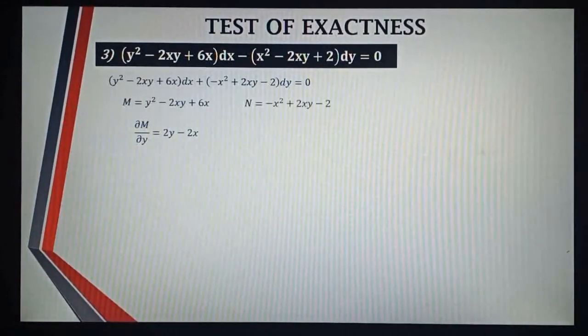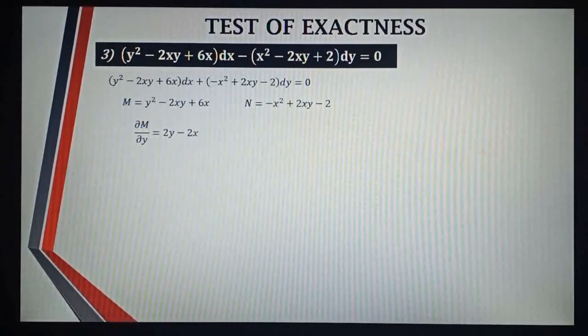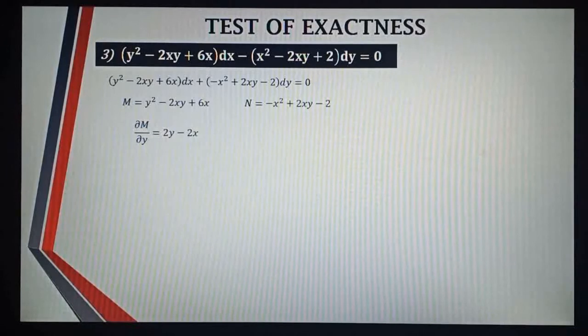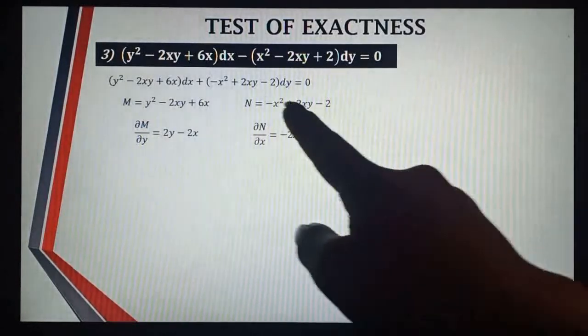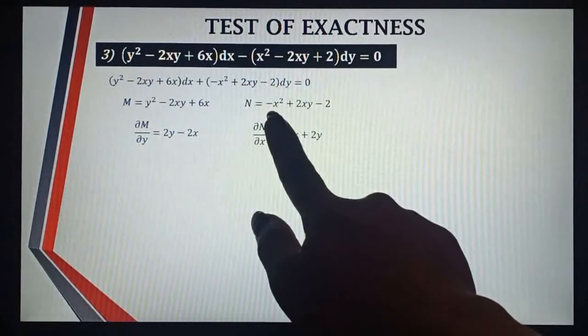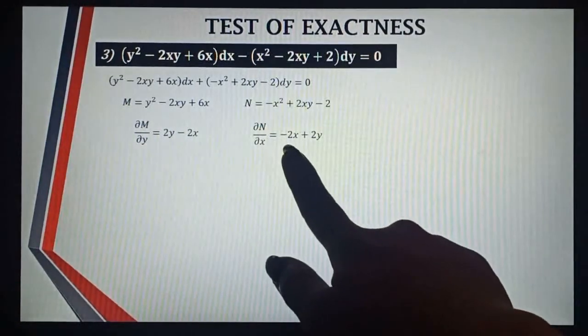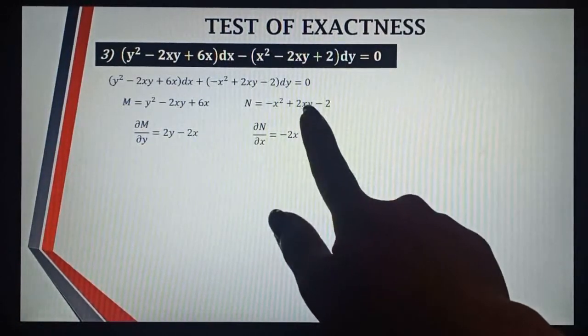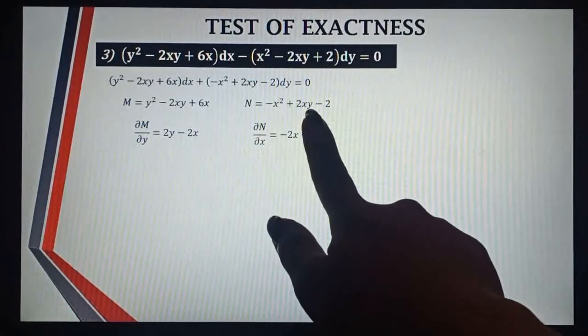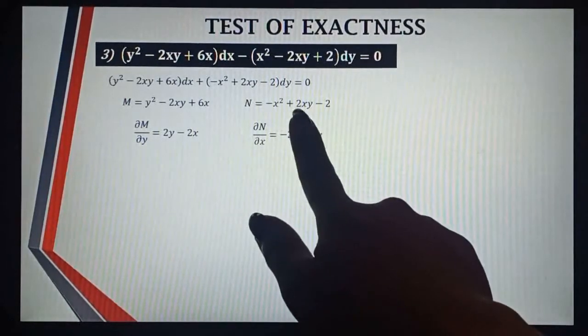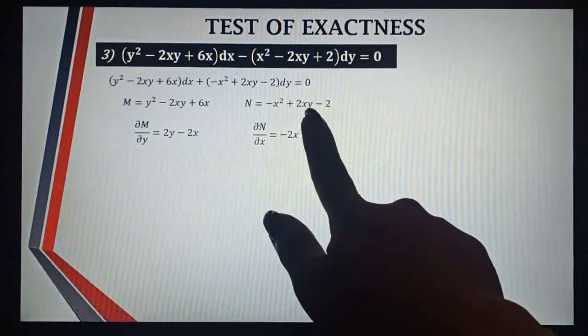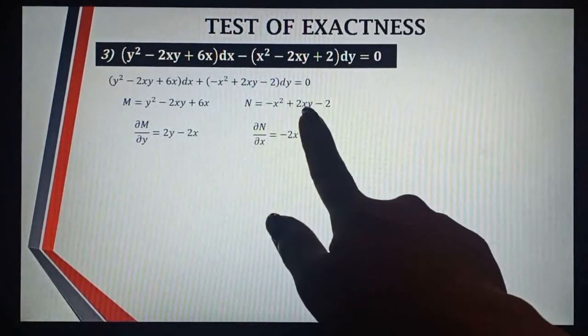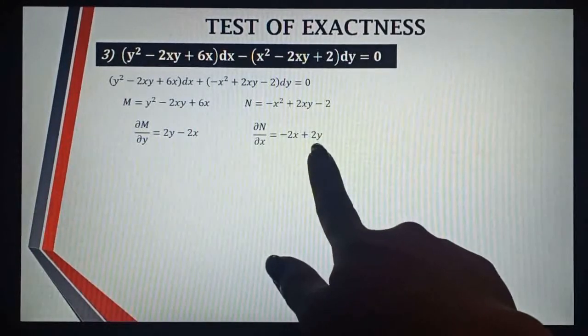So let's go to N. Our N here is negative x squared plus 2xy minus 2. Let's differentiate it with respect to x. The derivative of negative x squared is negative 2x. Then the derivative of 2xy, since it is with respect to x, the constant here is 2y, and the derivative of x is 1, so you will have plus 2y.